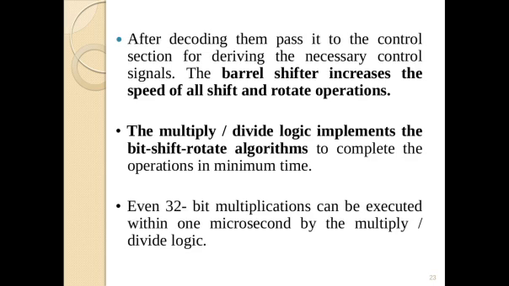After decoding the instruction, it is passed to the control section for deriving the necessary control signals. Based on the opcode, it may be a read opcode, a write opcode, or perform some operation, and based on that the signals will be generated. The barrel shifter increases the speed of all shift and rotate operations. So to perform shift and rotate, we use the barrel shifter.